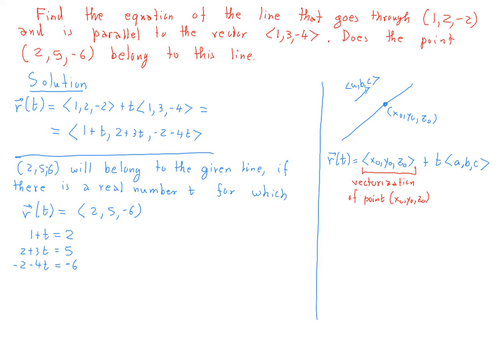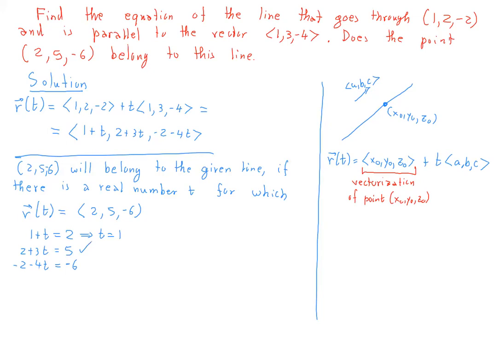So what you do here is you just solve one of the 3 equations and see if that solution satisfies the other 2. So from the first equation, you get t equals 1. So now the question is, is t equal to 1 the solution of the other 2 equations? For the second one, I think the answer is yes.